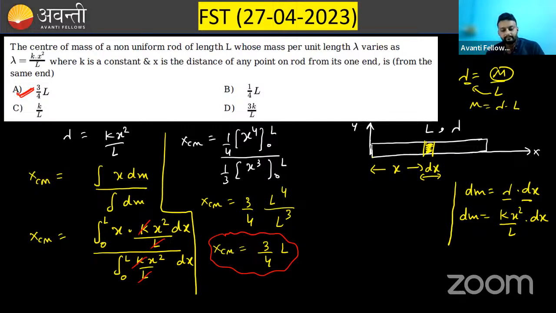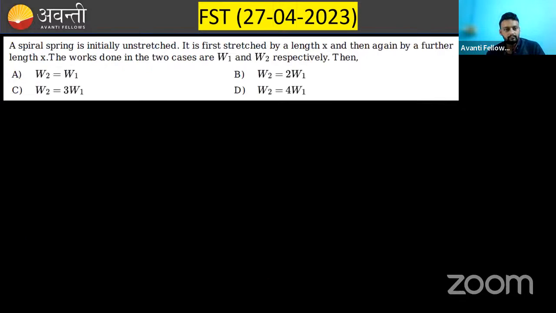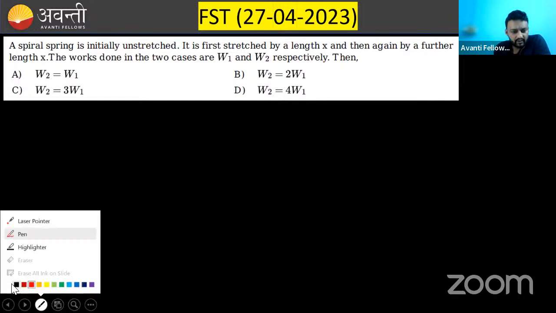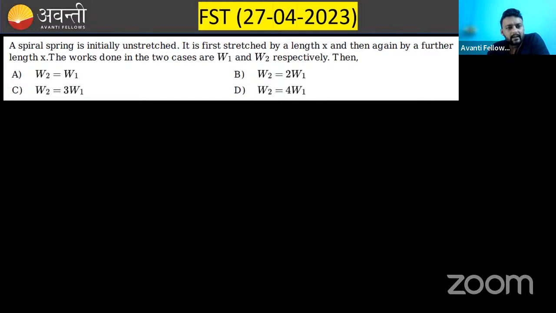Moving further. Is this the question that was done in the previous class as well? I don't think so. Whatever. But I think so. A spiral spring is initially unstressed. Say yes or no, if it was already done in the previous test discussion.